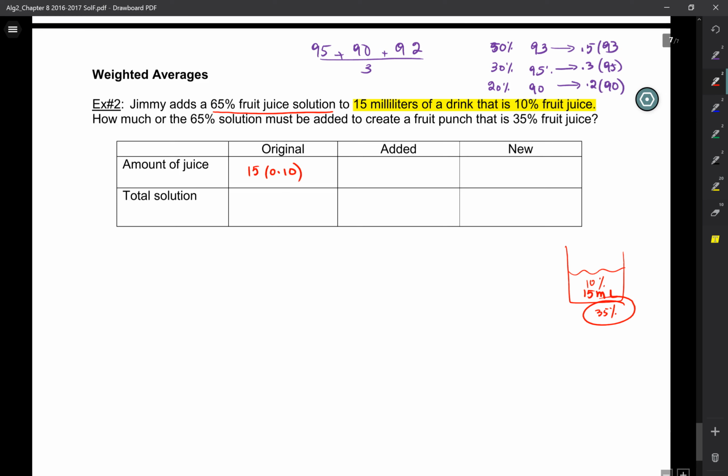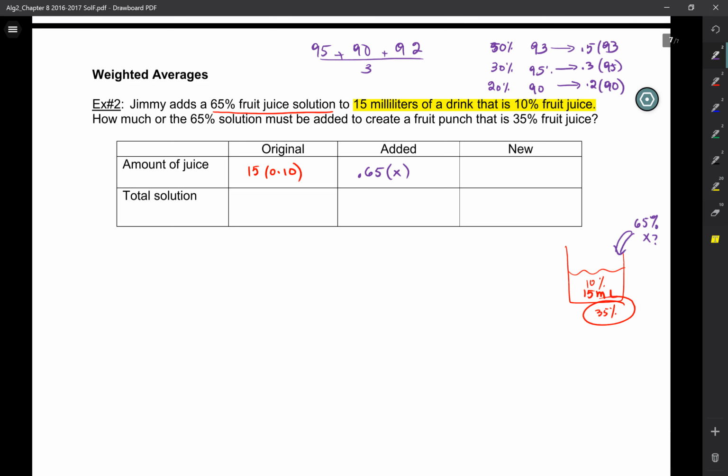Now, to this, I'm adding the 65% solution. And the question is, how much of this should I add? I'm going to add 65%, and the amount is going to be x. So 0.65x.